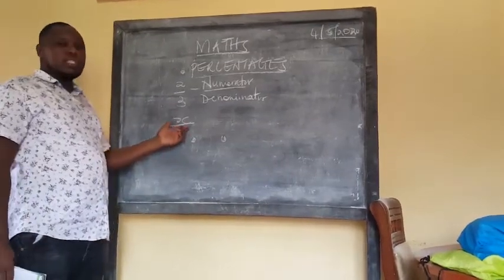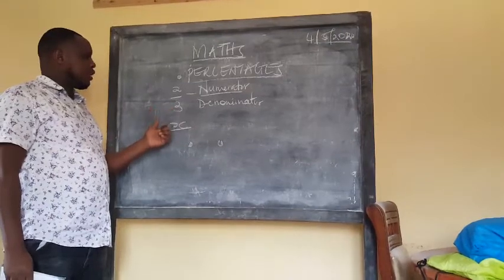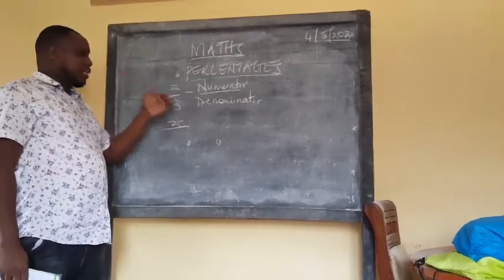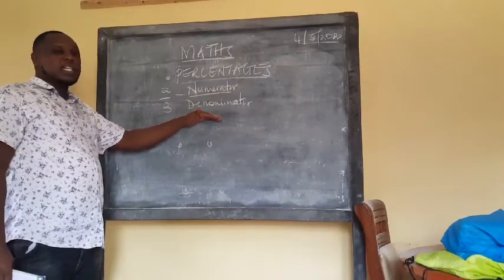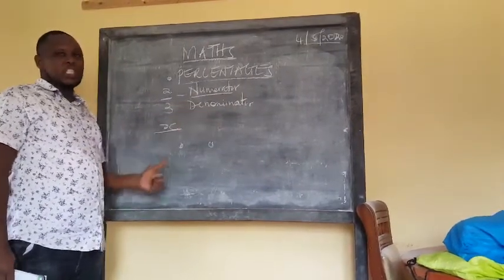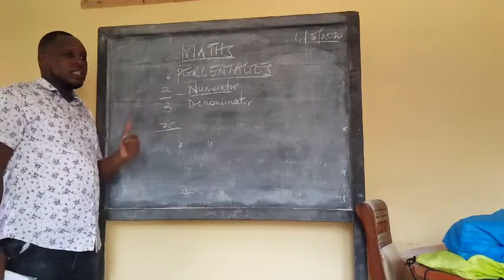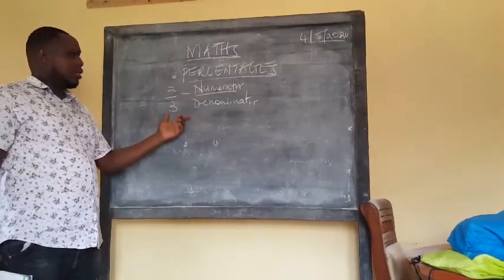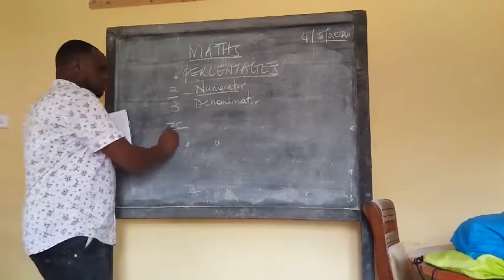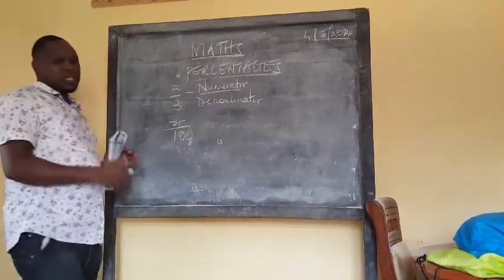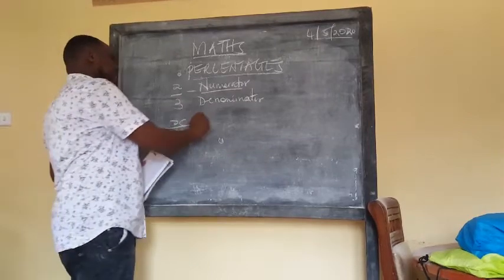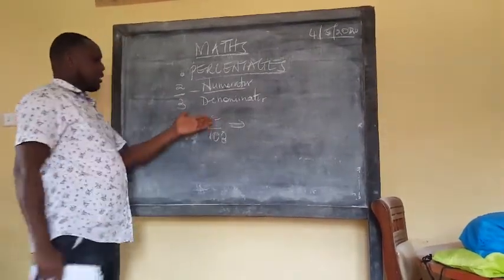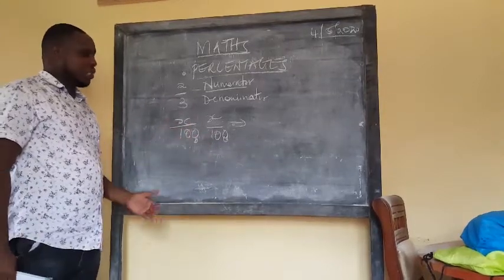So that's what makes it a very special type of a fraction, where we get a number on top that is the numerator, but the denominator does not change, it remains 100. So, like for example, our number x is the numerator, and the denominator is going to be 100. So this is just x over 100, which is a percentage.